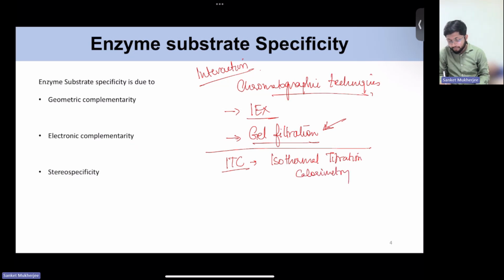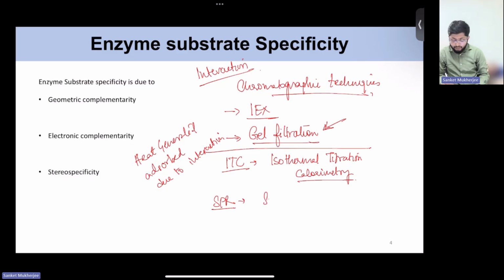This technique basically looks at the heat generated or absorbed due to the interaction, so we can study interaction through this. Another method which gets very widely used is SPR, that is surface plasmon resonance.